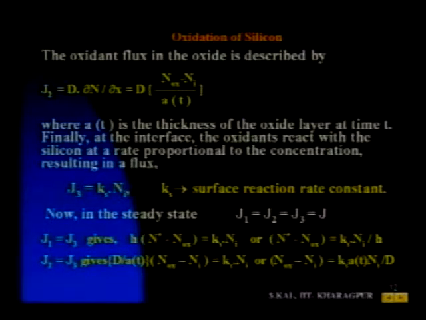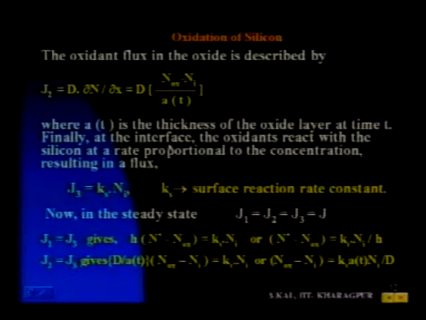So Nox minus Ni will be the difference, that is basically the del N. And what is del X? Del X is the already existing oxide thickness, roughly you can write like that. So del N del X we write as Nox minus Ni divided by xt, where xt is the thickness of the oxide layer at any instant of time t.